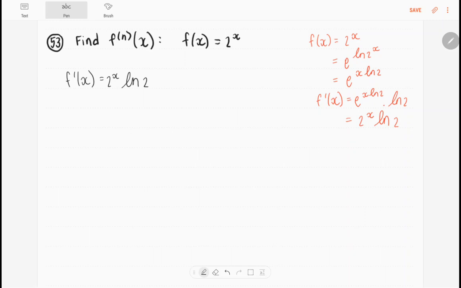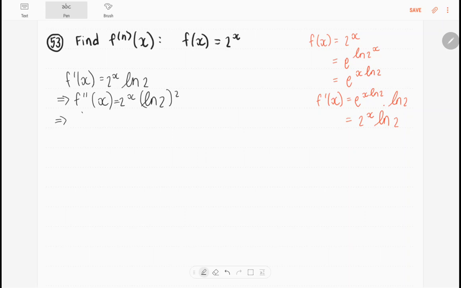Then if we take our second derivative, we are going to have 2 to the x times ln 2 squared.